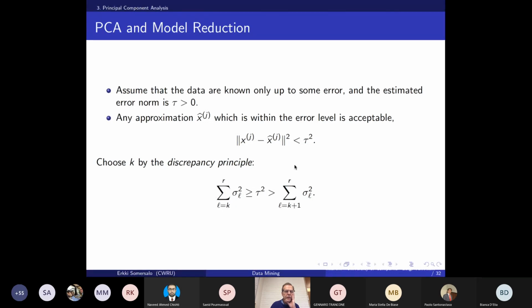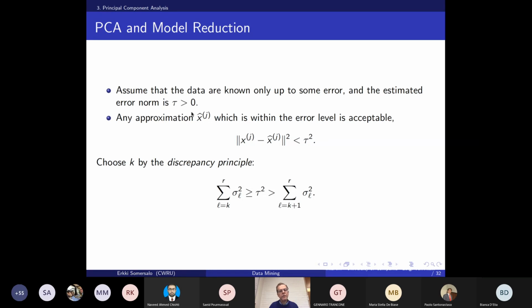Suppose that your data is noisy. Suppose you are measuring, let's say, temperatures and humidity and that sort of thing. So you have all kinds of data which contains error. Your data is always somewhat inaccurate, and you often have some idea how inaccurate your data is. So you have an idea what sort of noise level you have.